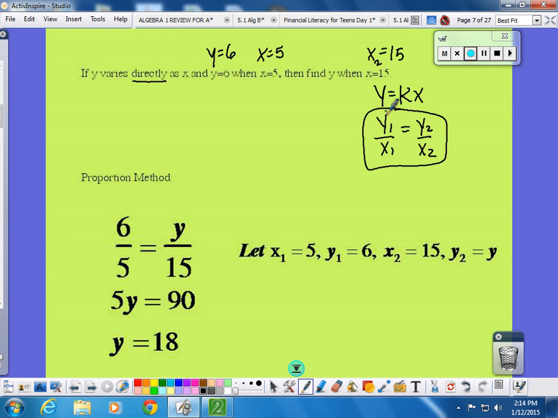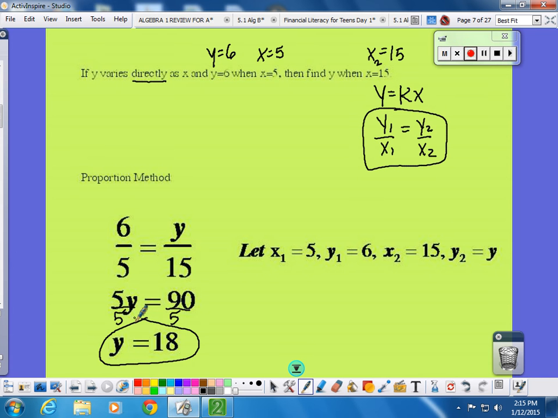The first y is 6, so it goes here. The first x is 5, so it goes here. The second y is what we're looking for, so we kept a variable. And the second x is 15, and it goes here. Cross multiply: 6 times 15 is 90. 5 times y is 5y. Divide both sides by 5, and y is 18. That's using the proportion method.